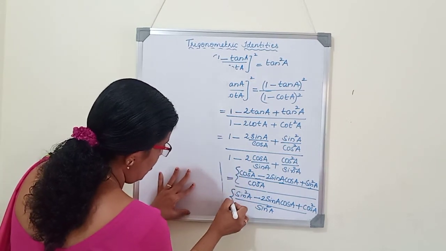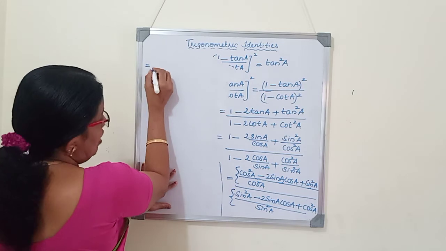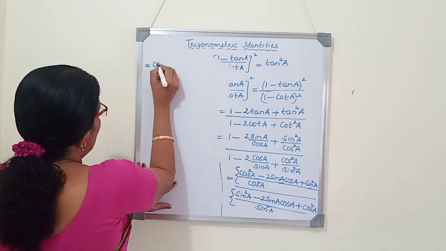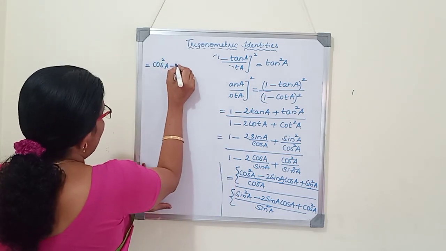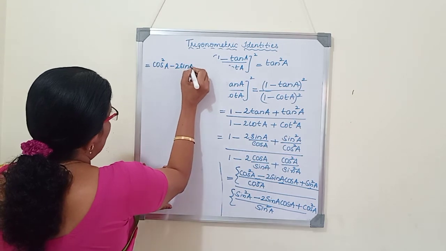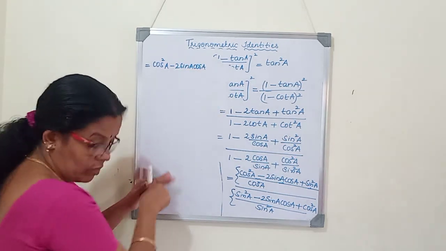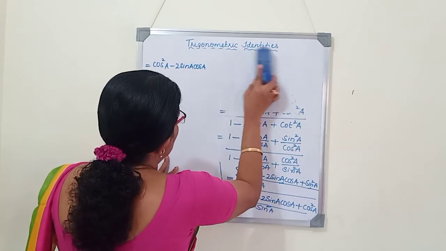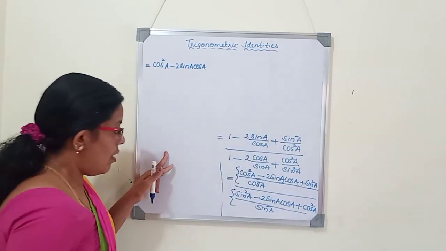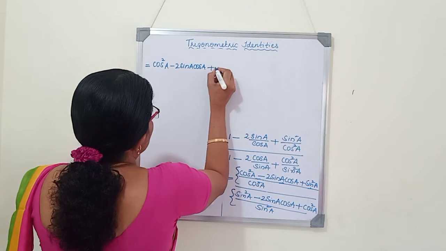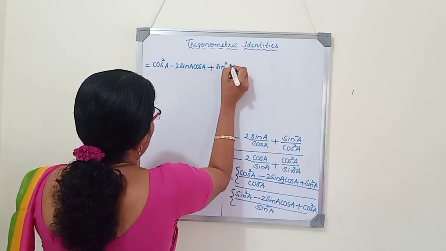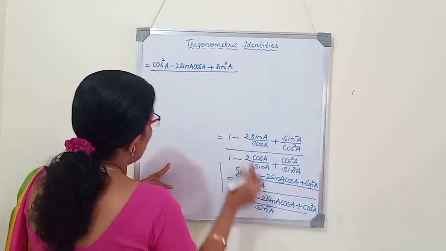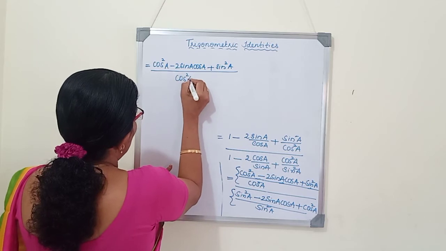See this, I'll write once again: numerator is (cos square A minus 2 sin A cos A plus sin square A) divided by cos square A. This is the numerator.